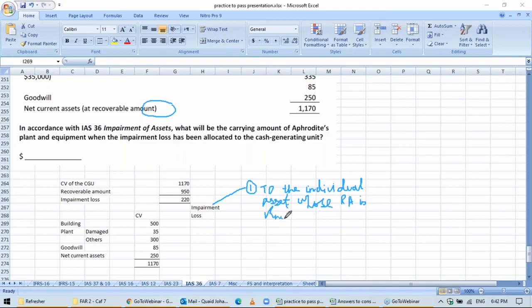First loss will be allocated to the item in the cash generating unit whose recoverable amount is known. So which item's recoverable amount do I know? The plant which is completely damaged. I know its recoverable amount is 0.